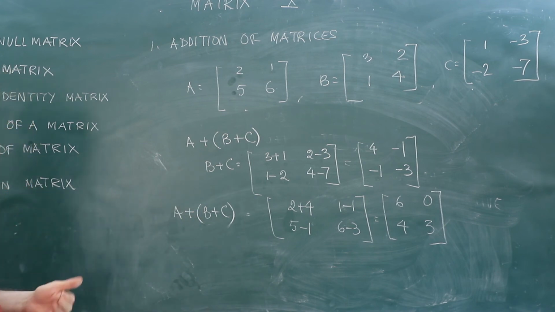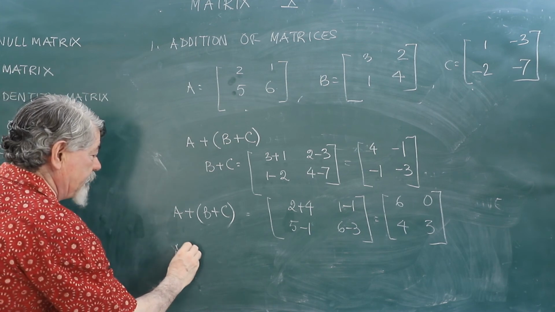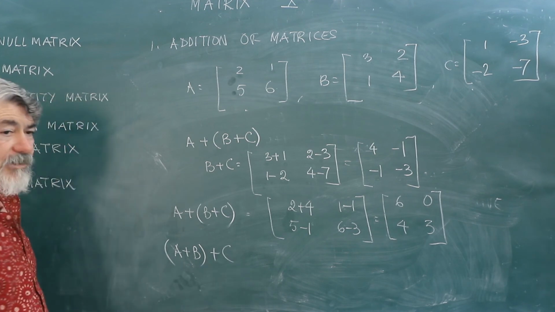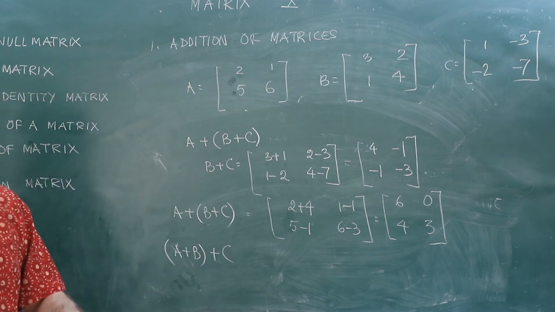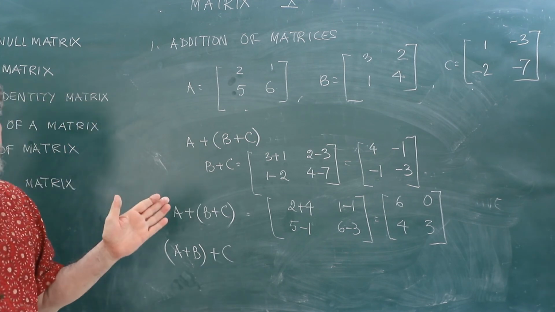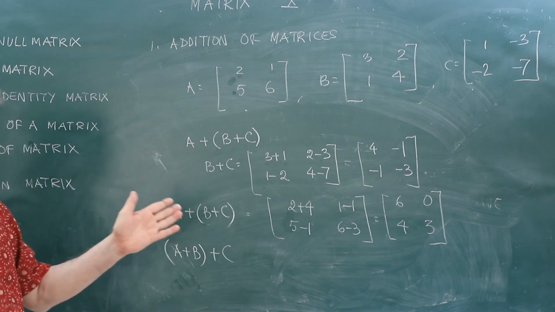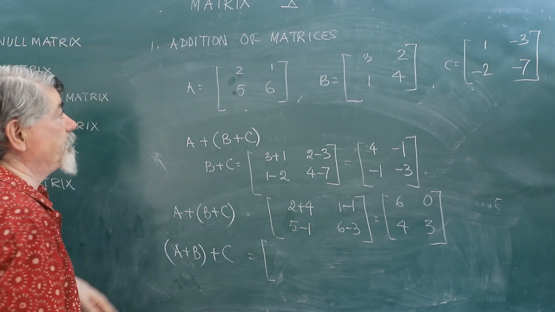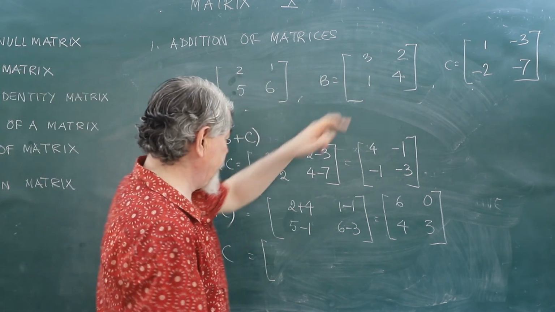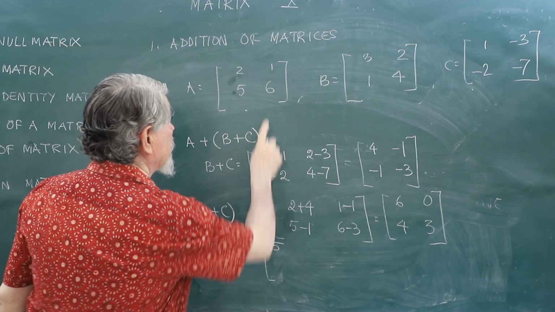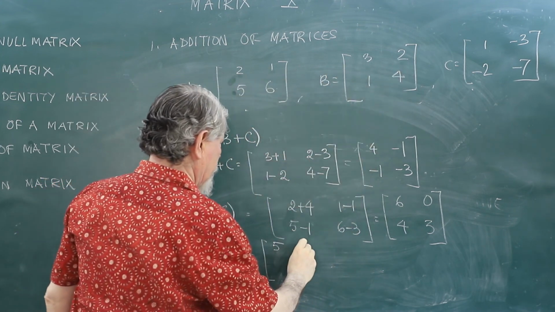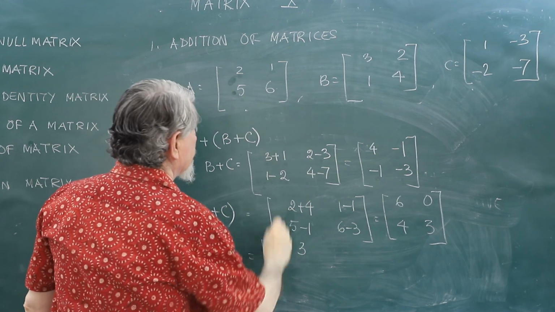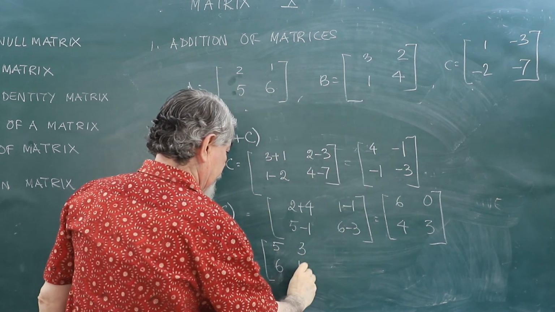Now let me find out (A plus B) plus C. That means first I will add A plus B and then I'll add C. I'm going to do it in same steps, like first let me add A plus B. 2 plus 3, 5. 1 plus 2, 3. 5 plus 1, 6. 6 plus 4, 10.